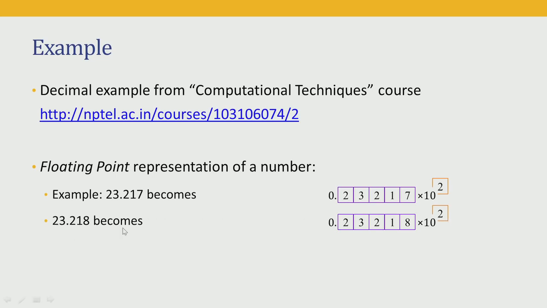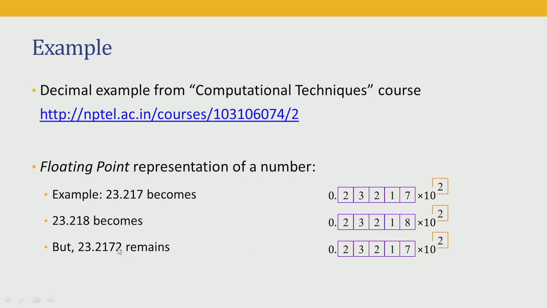So, what if we had a number of the form 23.2172? The problem is that the number 23.2172 cannot be represented with 5 digits of what is known as the mantissa and 1 digit exponent. The reason is that the number will be represented as 0.23217 multiplied by 10 to the power 2.